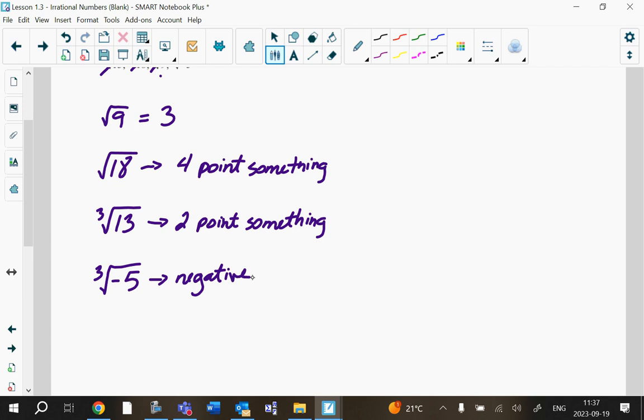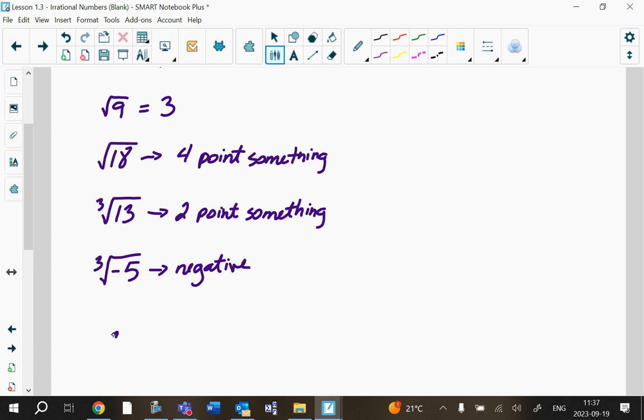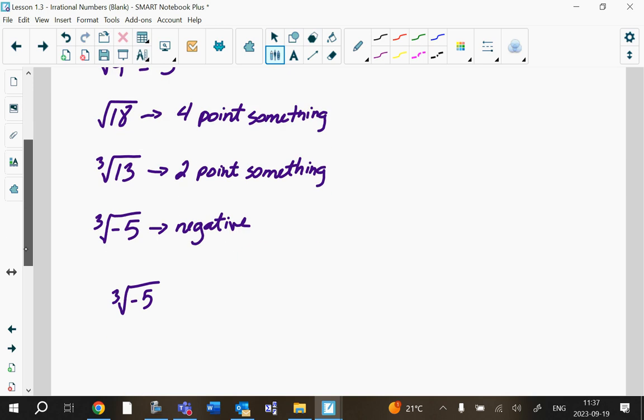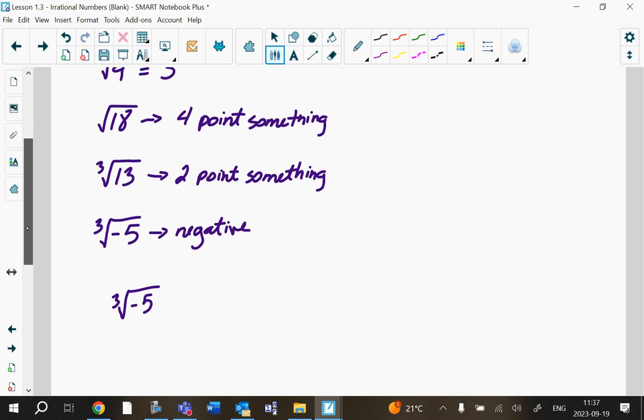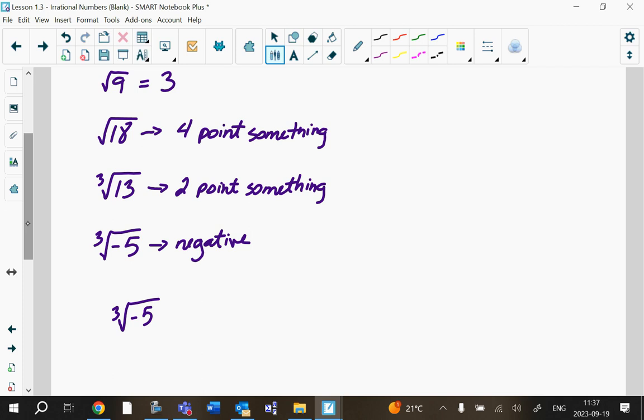So the order is the cube root of negative, smallest to largest? Yes, least to greatest. So that's the smallest because it's negative. This is next because it's 2 point something. This is next because it's 3.